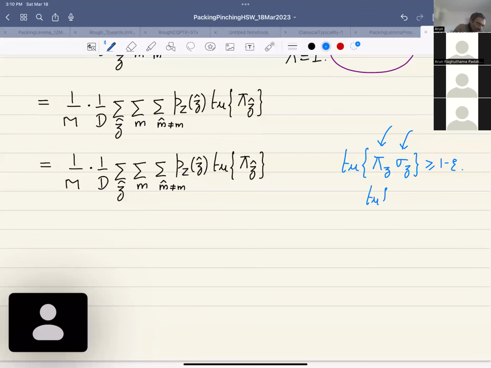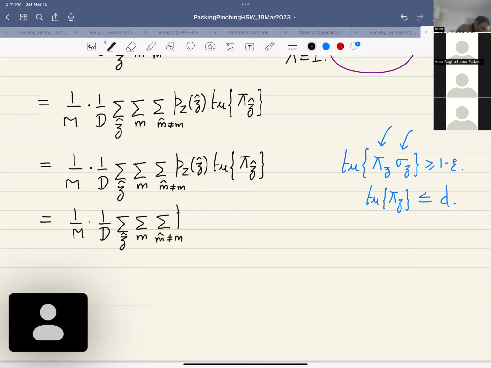And furthermore, you have a good tight bound on the size of that subspace. We had these two hypotheses in the beginning. So we use the second hypothesis now to upper bound the last term above. The trace of Π_ẑ is at most d.